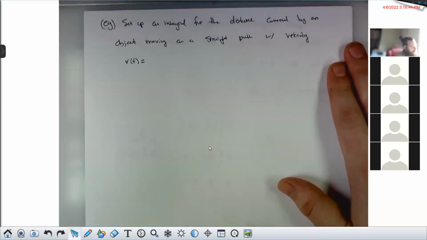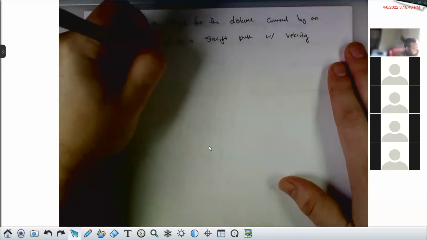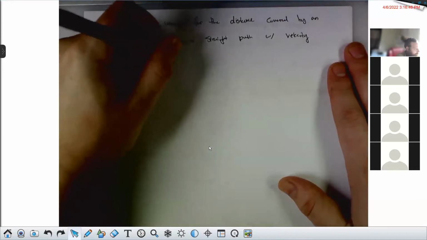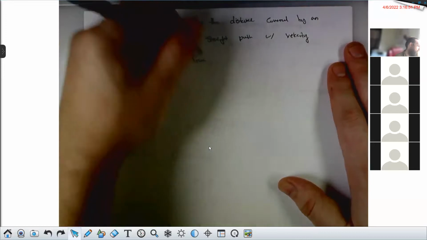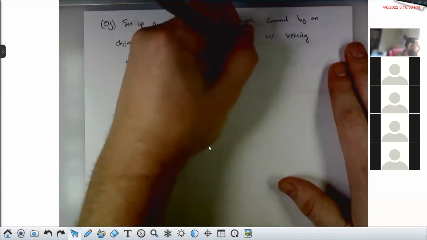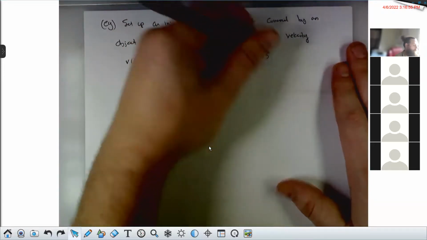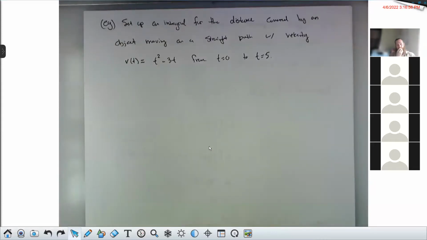And let's do something like this. So I'm going to set up an integral for the distance covered by an object moving on a straight path with velocity v of t equals t squared minus 3t from time t equals 0 to time t equals 5.